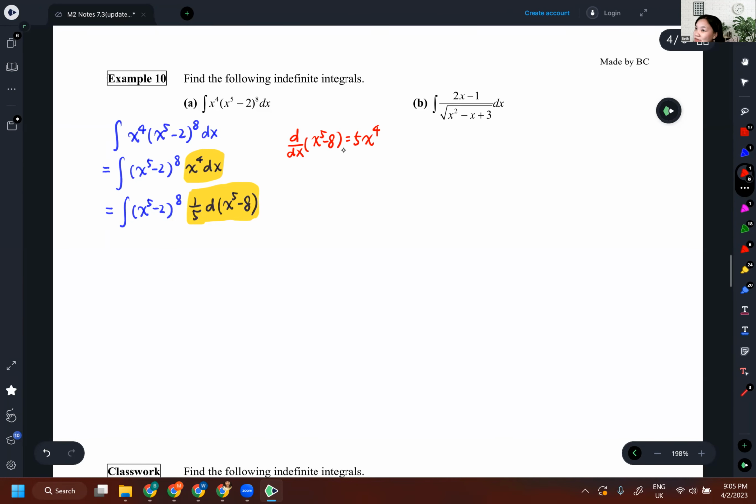Do you see? It means d(x^5 - 8) equals 5x^4 dx. That means 1/5 d(x^5 - 8) equals x^4 dx.